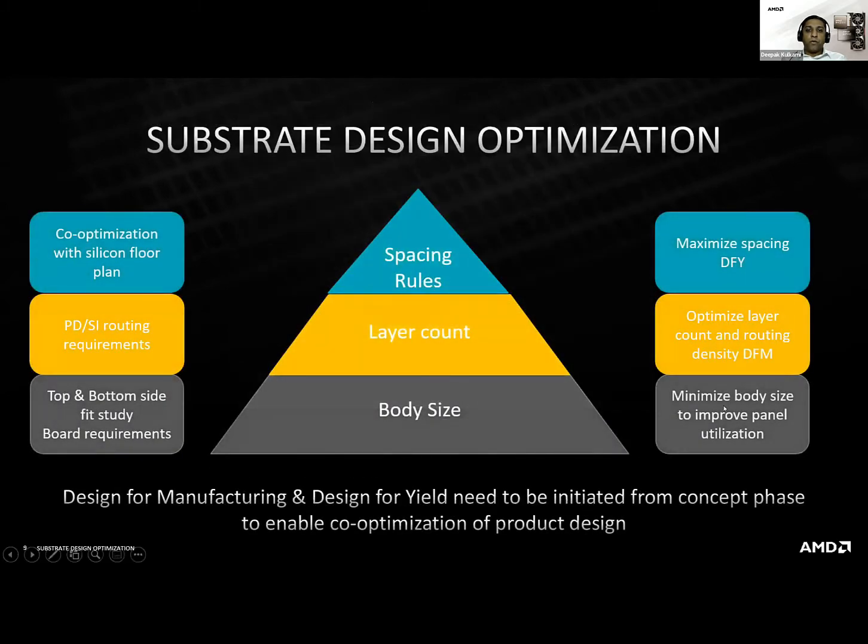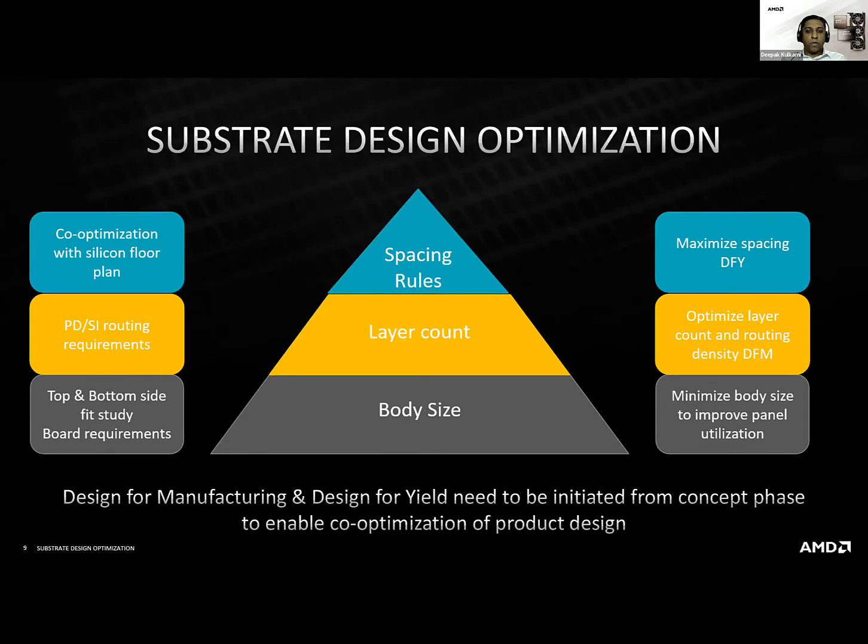Okay. So now getting into a little more on the details of how we've approached this. Our approach has been to look at this very early in the design phase and walk through some of the choices that we need to make, both from a product performance perspective as well as from a design for manufacturability perspective.